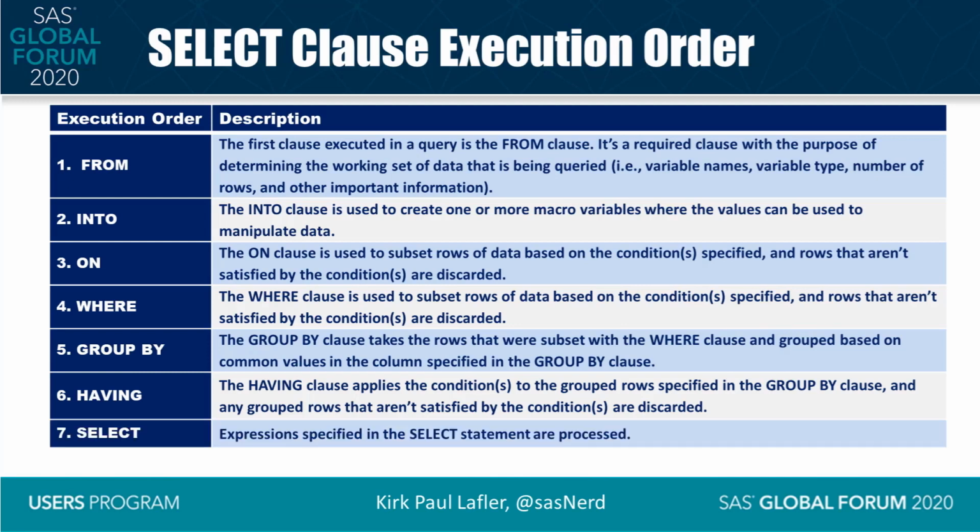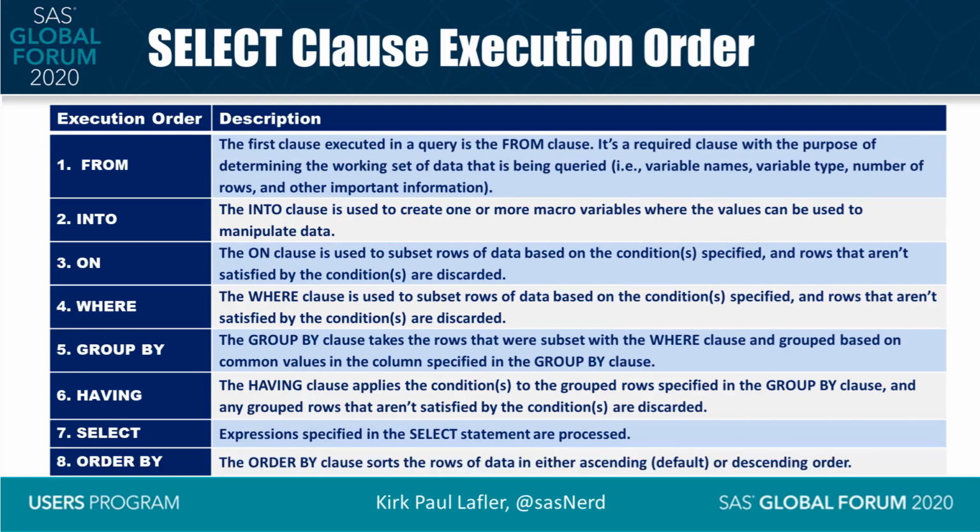Then the select statement is executed. It's the first thing we specify, but next to last statement that gets executed. Essentially, the select statement specifies what columns we want to select or use in our query, or what columns we want to dynamically create in our query.